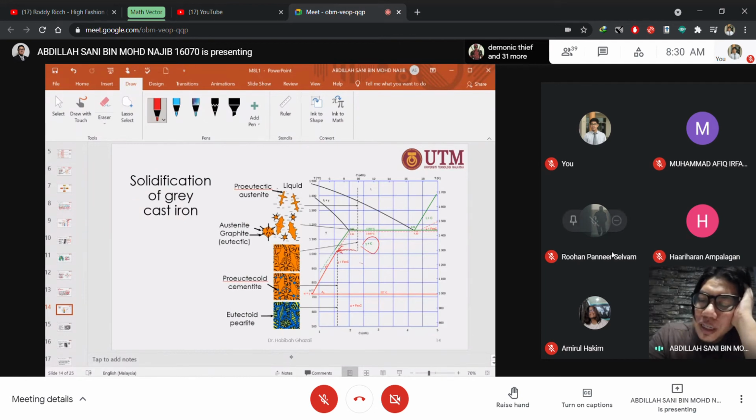So we have the graphite and the remaining carbon in the austenite. The remaining carbon in the austenite will form cementite. So as it goes down and down, there will be formation of cementite.